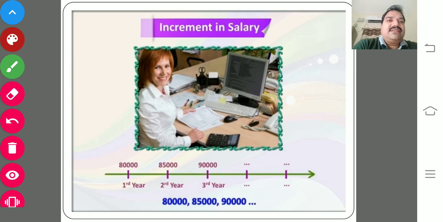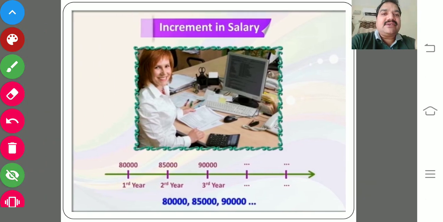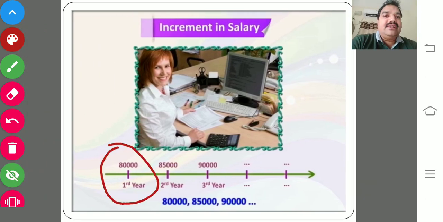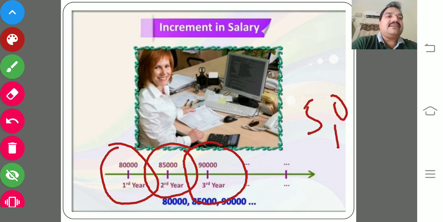Here is an example of salary increment. Some person joined an organization. The fixed starting salary is 80,000 for the first year, and in the second year an increment of 5,000 happens, and in the third year also 5,000. So every year it increases by 5,000.